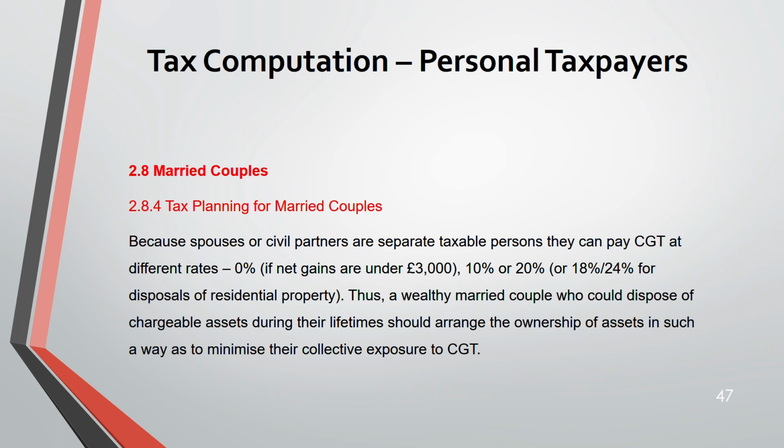So a wealthy married couple who can dispose of their chargeable asset during their lifetime should arrange the ownership of assets in such a way as to minimize the collective exposure to CGT. That means you have to keep the asset with the spouse in such a way that both together are paying lower CGT, especially on the chargeable asset.